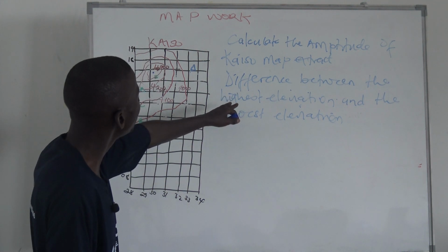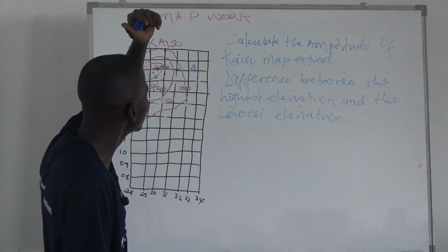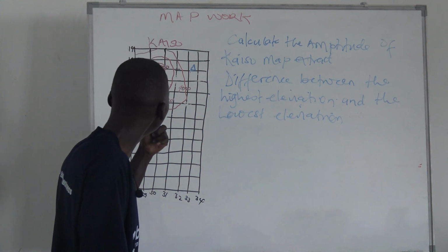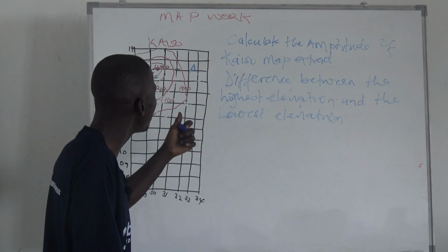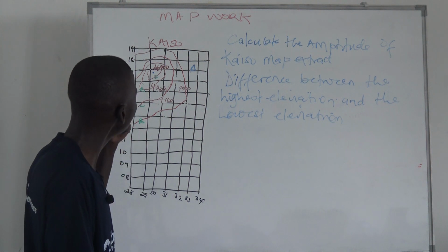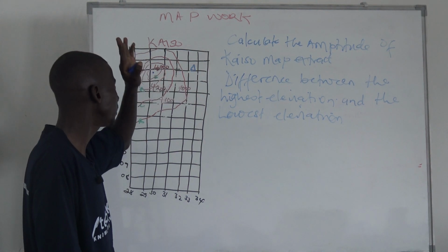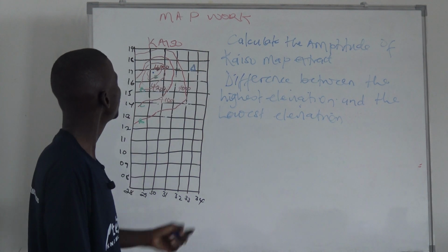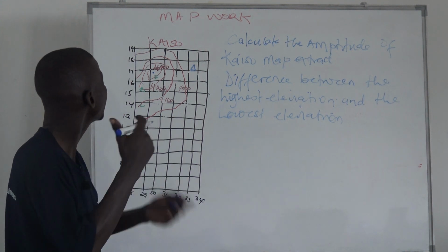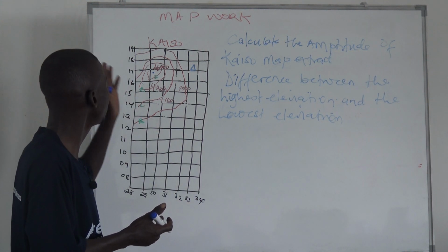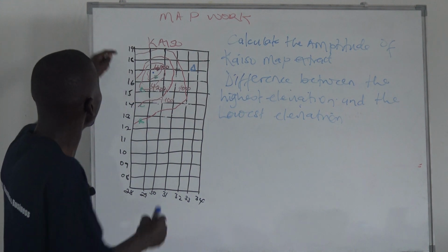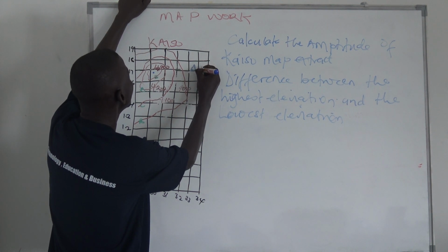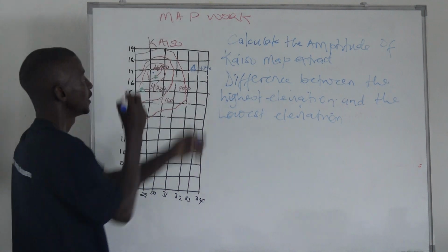So, back at our point, in order to get the amplitude of a given map extract, you will get the highest elevation, the highest number on the map extract, by checking either the contours or the trigonometric station and relating which number is higher than the other. For example, I will give you a scenario where the trigonometric station is reading maybe 4,890.